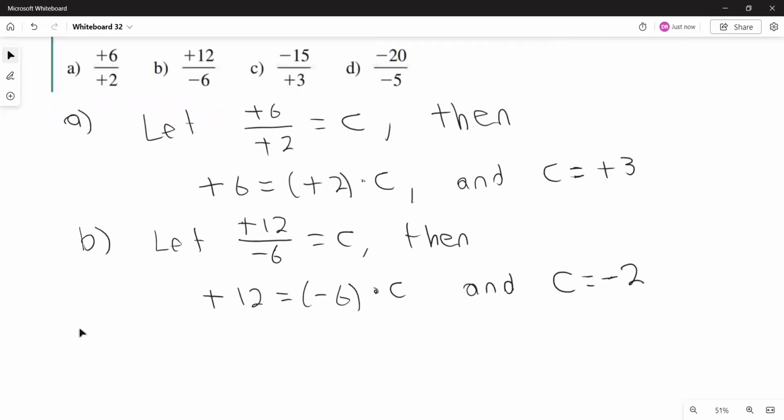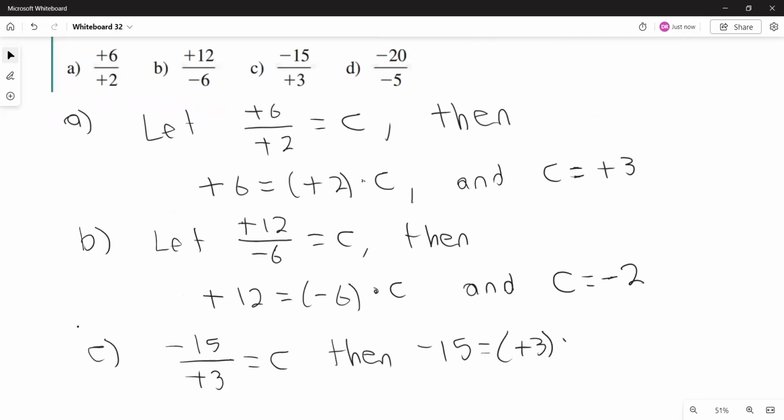Part C, negative 15 over positive 3. Let's call this C. Then negative 15 must be equal to positive 3 times C. So if we want to obtain negative 15, we need to multiply positive 3 by negative 5.